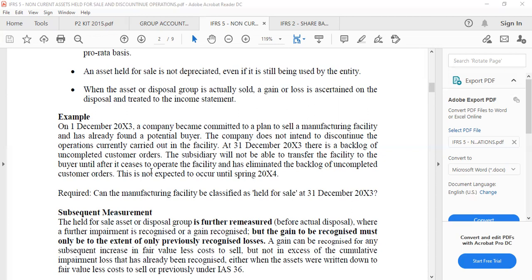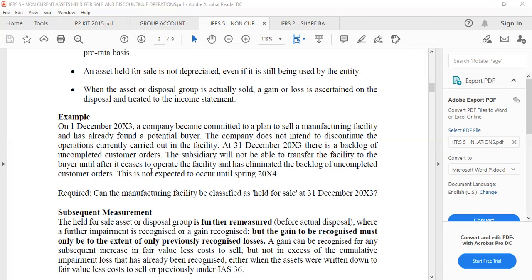Although the company is committed to the plan to sell the assets, that is, they have met one of the criteria, and they have also found a potential buyer, the question is, can the asset be transferred to the potential buyer now? Is the asset in a condition that can be transferred? The company is not willing to discontinue the operation, which means they are not willing to sell.